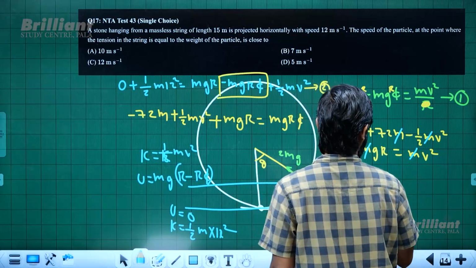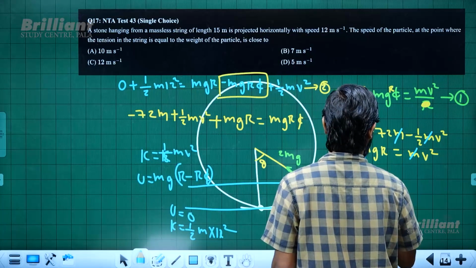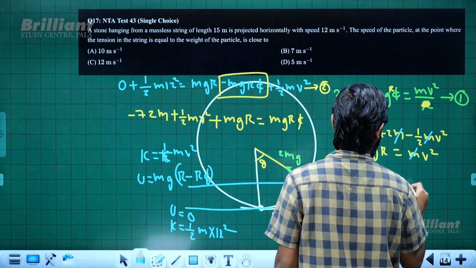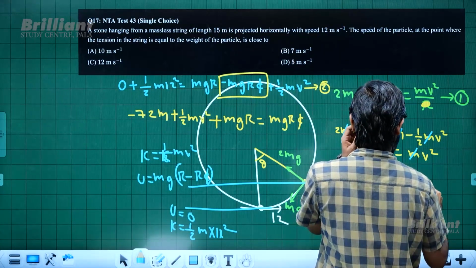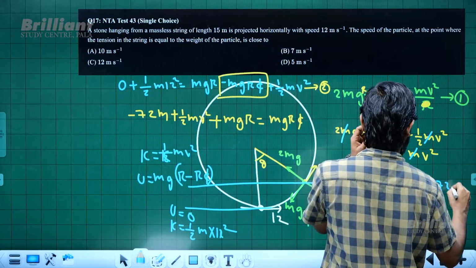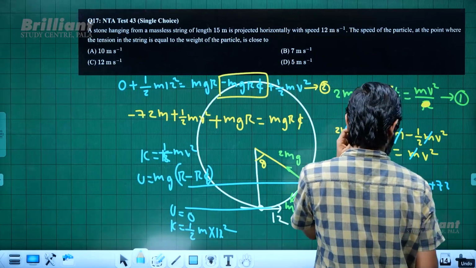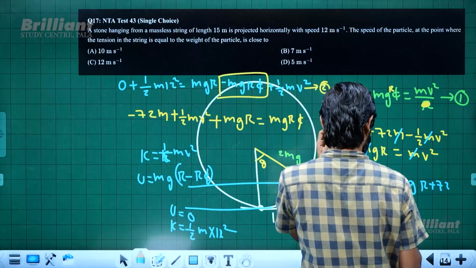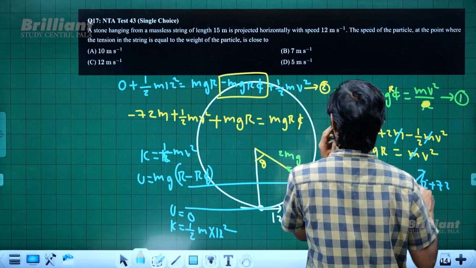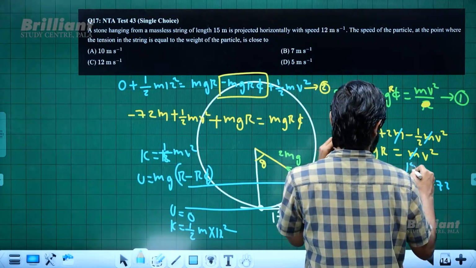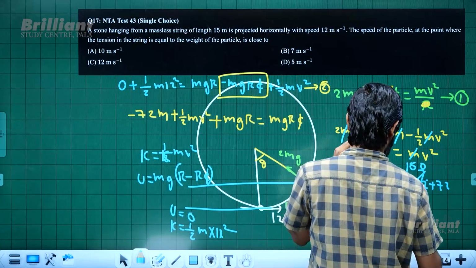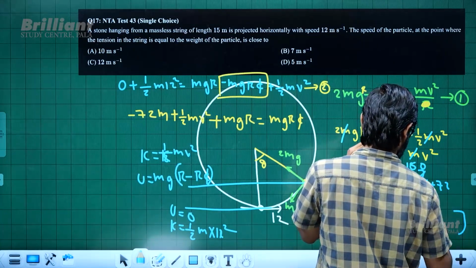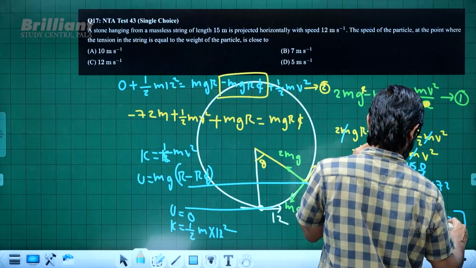So finally I will be ending up with 3 by 2 v square equals gr plus 72. Okay, g into r is going to be how much? 150. Yeah, v square is going to be 2 by 3 times 150 plus 72.